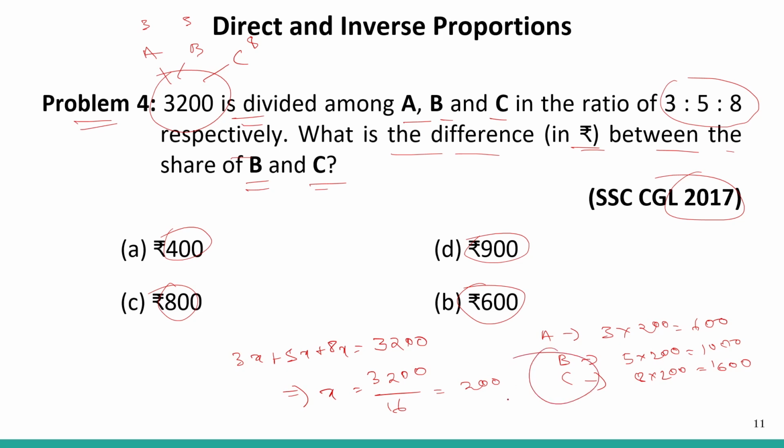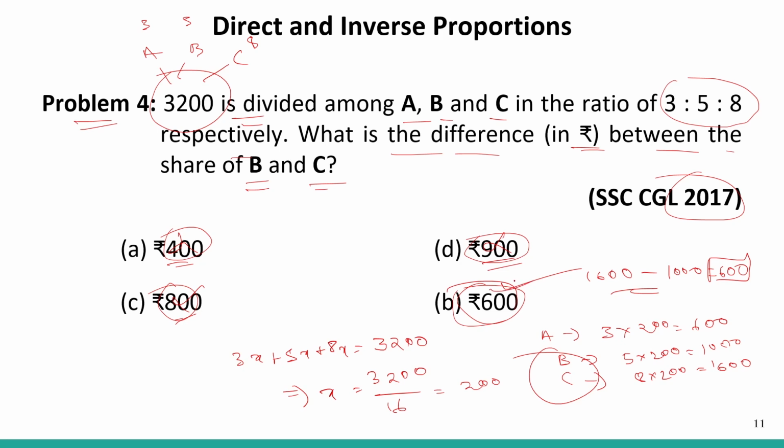So the difference between B and C share will be 1600 minus 1000, right? So it is nothing but equal to 600. So 600 will be the difference. So B is the only correct answer here. All other answers, A, C and D, are incorrect. So 400 is incorrect, 800 is incorrect and 900 is incorrect. The only correct answer here is 600.